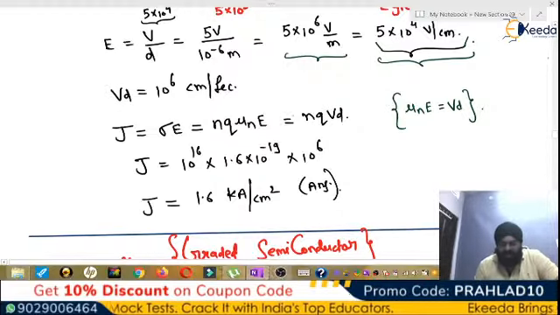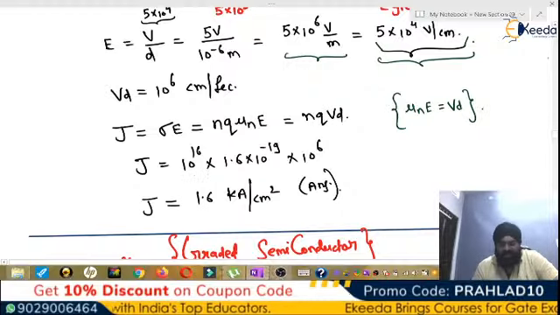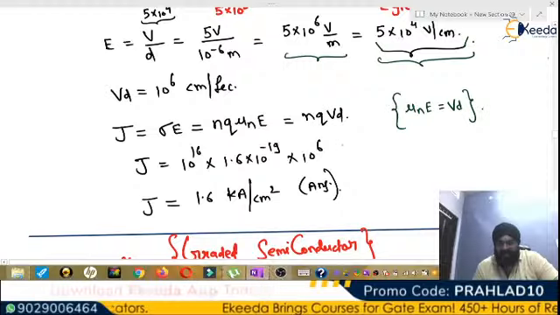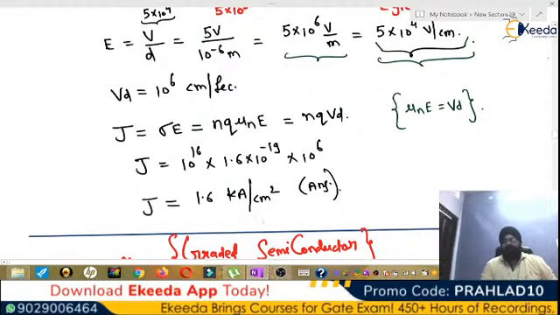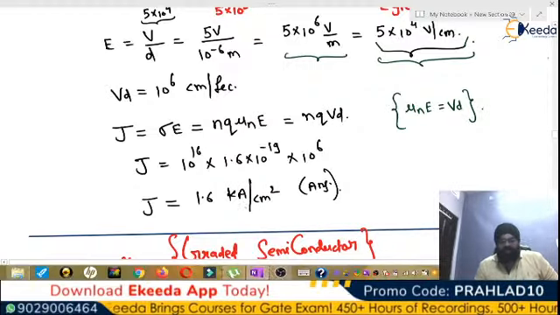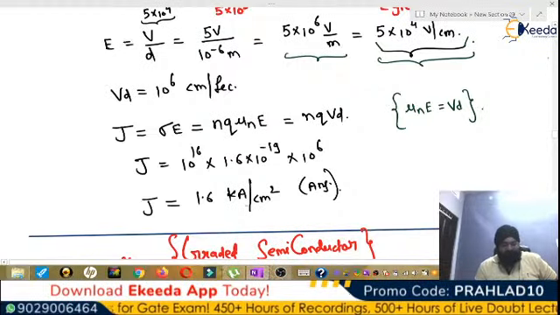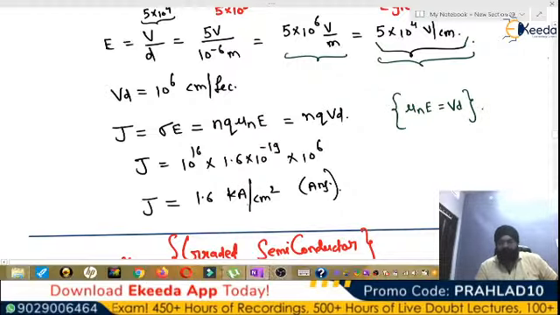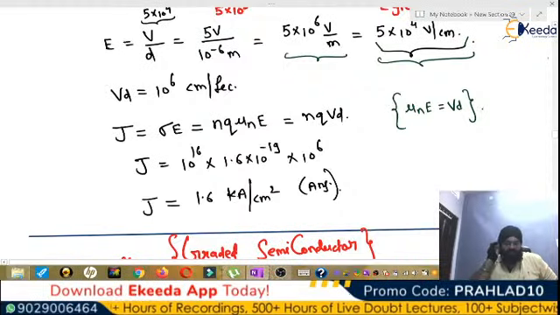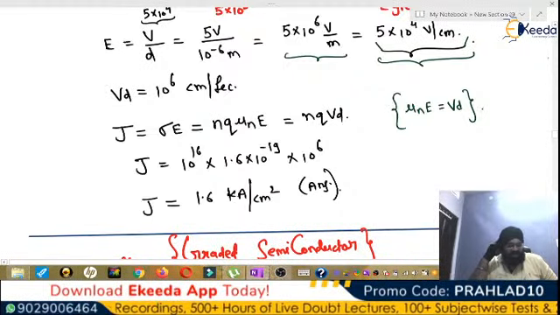So we'll put in all the values. The value of N, which is the concentration of electrons, is 10 raised to power 16. Q is 1.6 into 10 raised to power minus 19. And VD is 10 raised to power 6. So J is 1.6 kiloampere per centimeter square. So this is the answer of J.